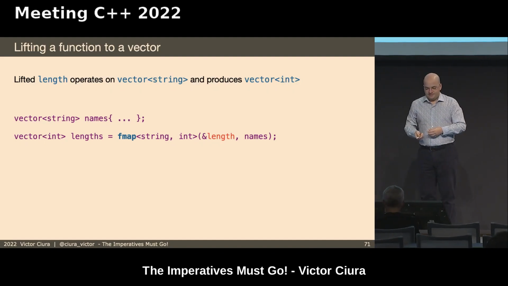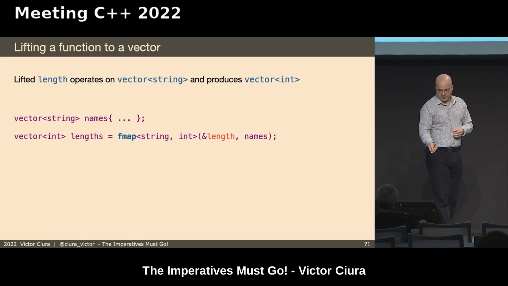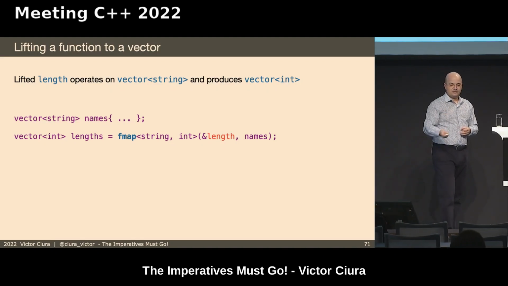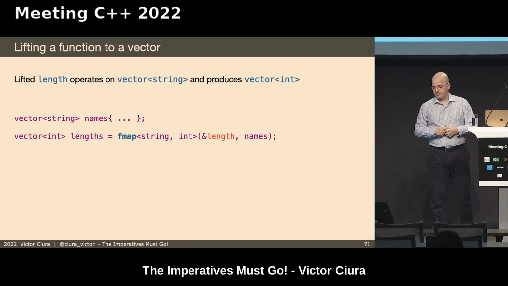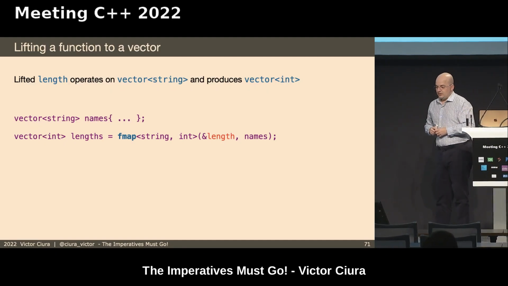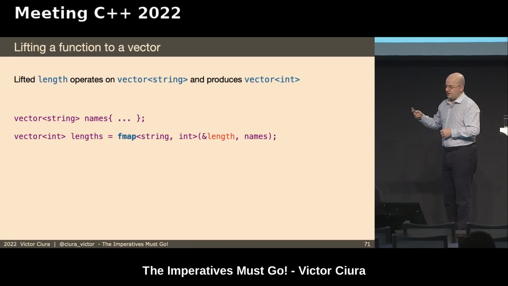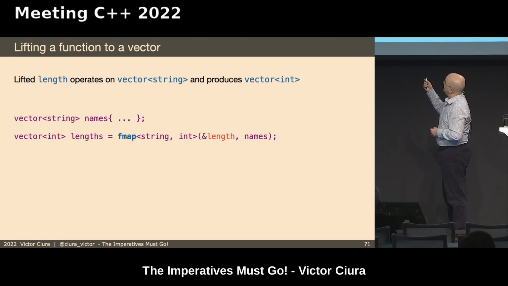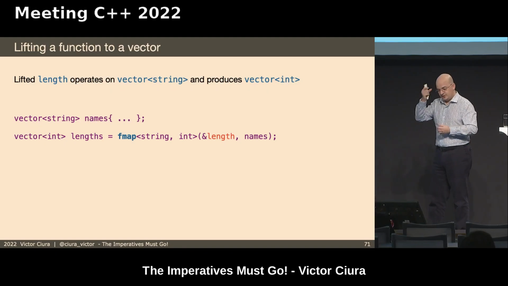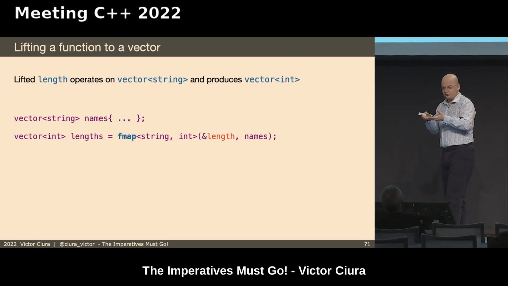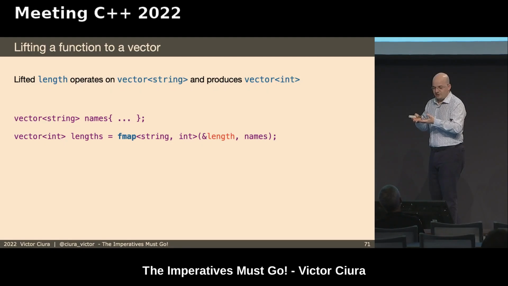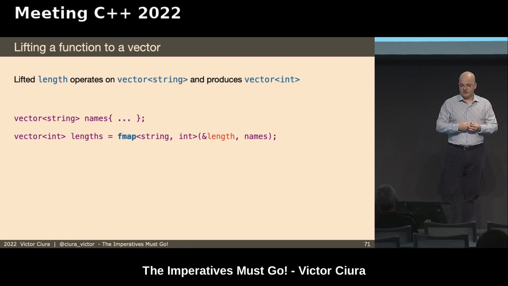So again, a way to compose this using our fmap lifting mechanism from the previous slide. We can fmap from string to int and use the length function, and now we get a new higher order function. So we have a lifted length function that we apply to the names vector.